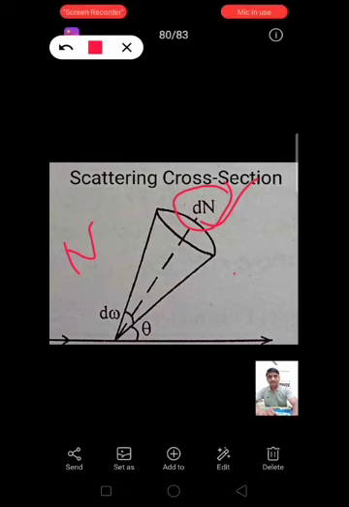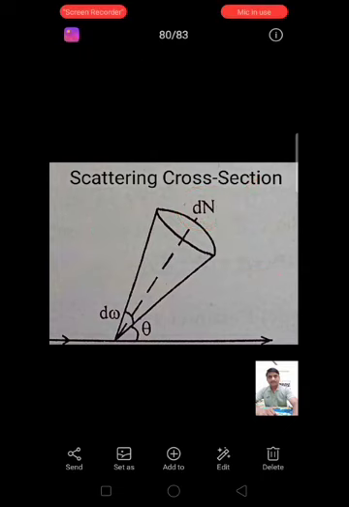It is indicated with the letter sigma. It is on the screen. So we can write the value of sigma as dN by N. So the alpha particle scattering cross section. The unit for this scattering cross section is Barn, B-A-R-N.